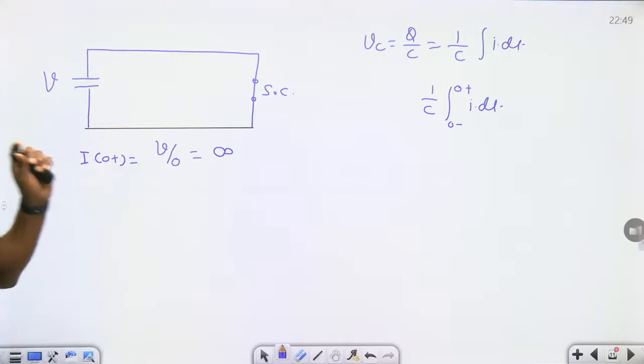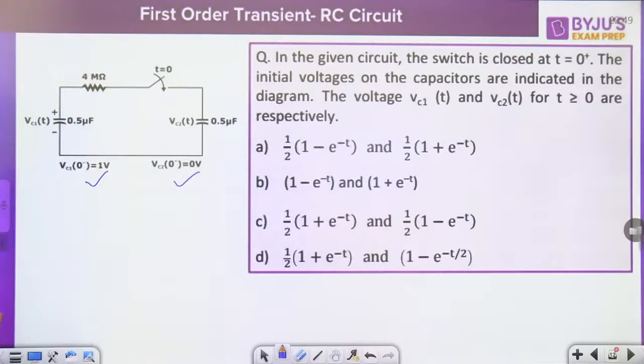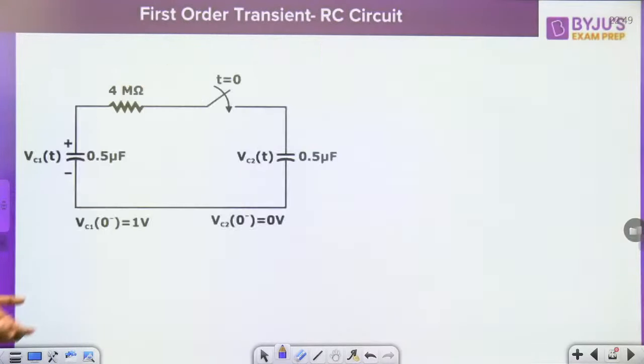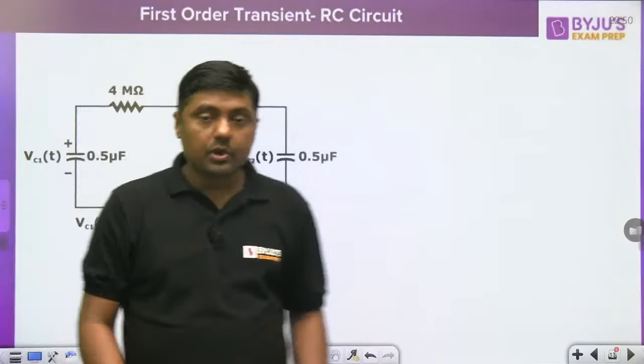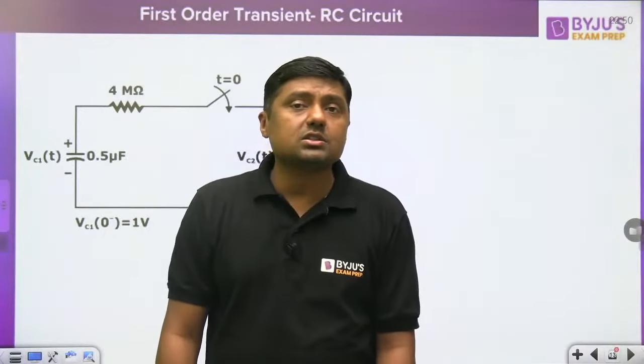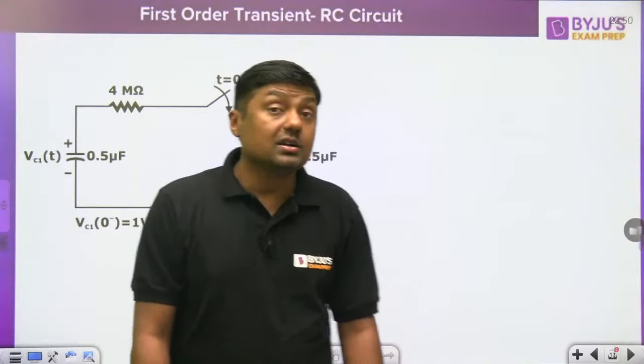Okay, now when it is clear, I will give one important question on this concept. So what is the answer for this particular question? In the given circuit, the switch is closed. Now what is the initial voltage across this capacitor? 1 volt. What is the initial voltage across this capacitor? 0 volt. According to the law of conservation of charge, charge can neither be created nor be destroyed.